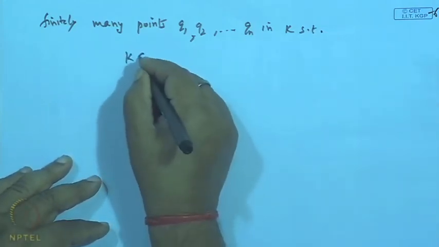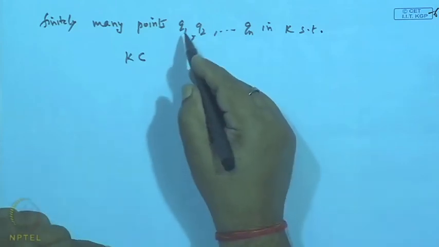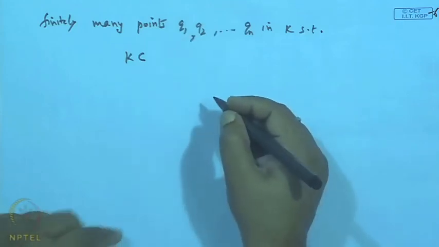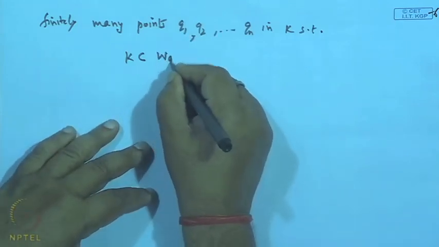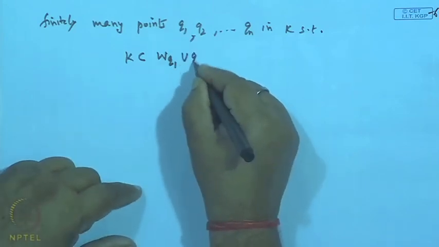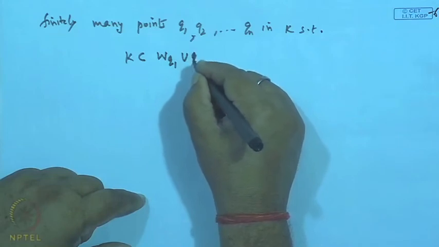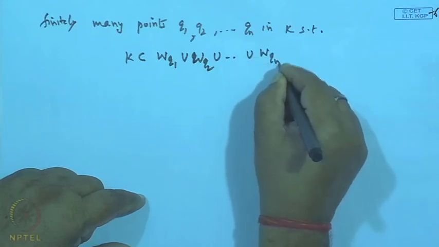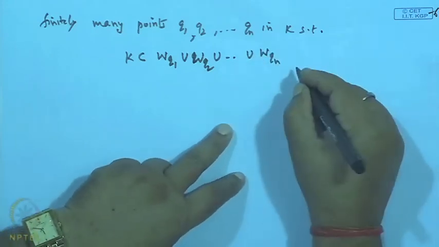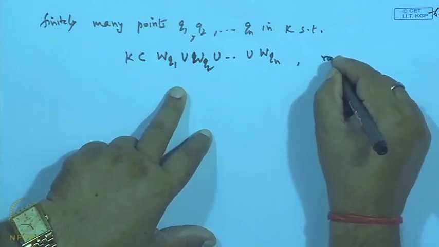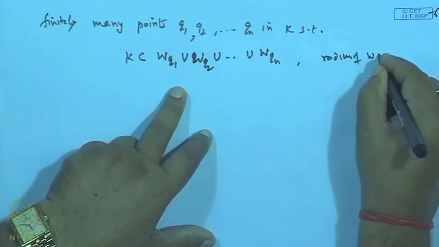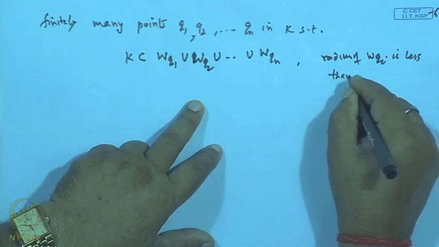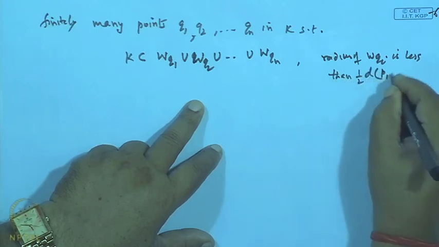the open balls or neighborhoods drawn at these points, with a radius half of the distance from q i to p, give W q 1 union W q 2 union up to W q n, where the radius of W q i is half of the distance from p to q i.